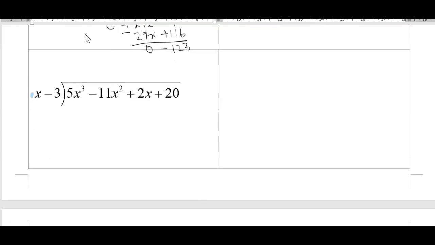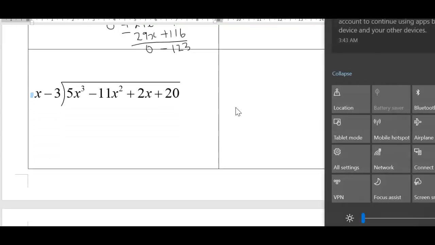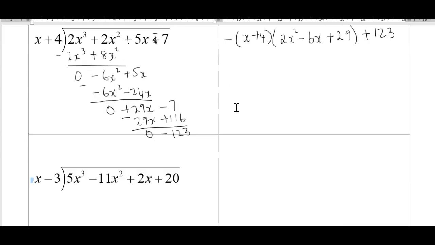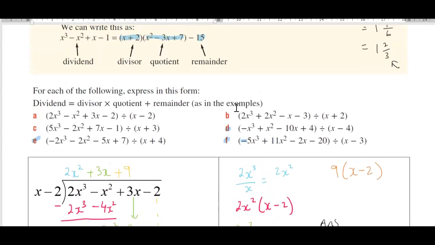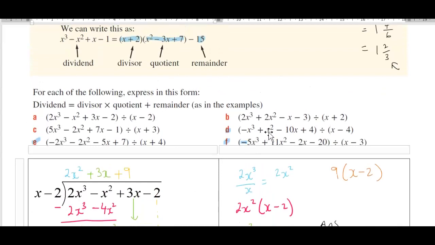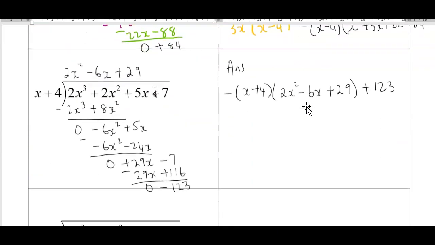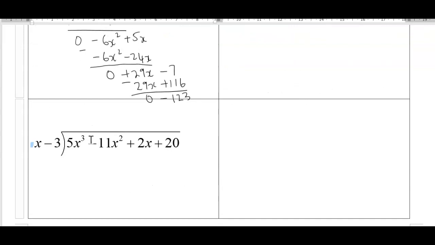Again, we've taken the negative out. Let me just check that I've done all my signs correctly, because I don't want to go and do it wrong. So negative, positive, negative, negative, negative, positive, negative. Cool. All right, so 5x cubed divided by x gives us 5x squared. So that gives us 5x cubed. And then multiplying that gives us negative 15x squared.